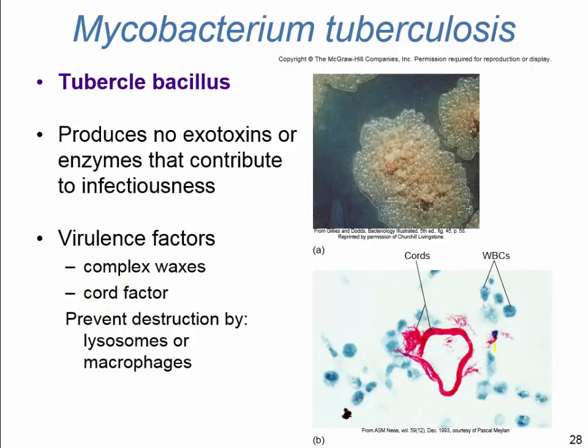Cord factor is shown stained here around these white blood cells. This cord factor prevents the microbe from being broken down by macrophages and the phagolysosome. The phagolysosome is a specialized organelle in the macrophage, so it's the lysosome inside that macrophage. And when it can't be broken down, then it's difficult to get rid of this intracellular bacteria.